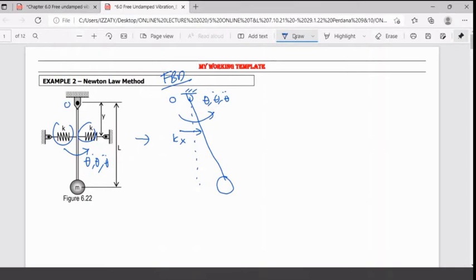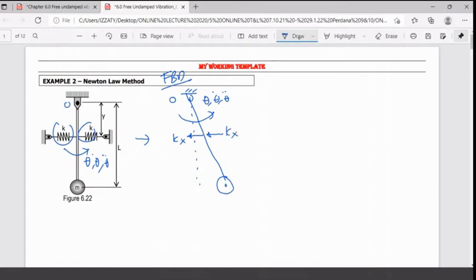Remember, this is always opposed, so this is not correct. It always opposes the direction of motion, so it will give you that way. This one also, the same thing, it will also give you that way. This one is Kx.